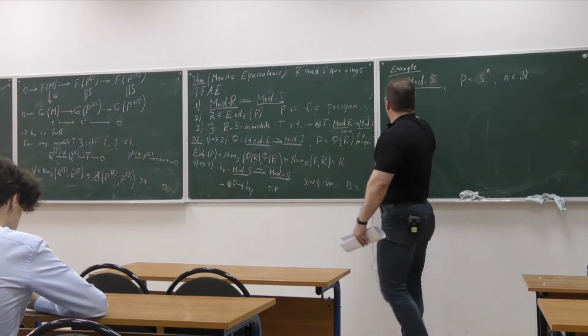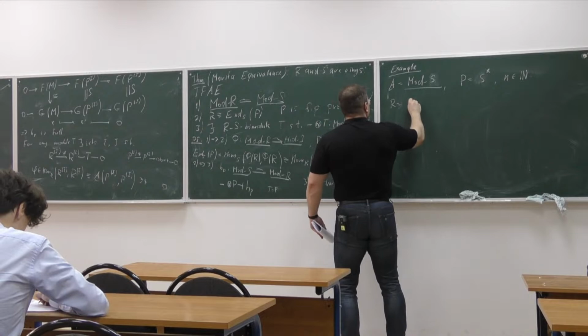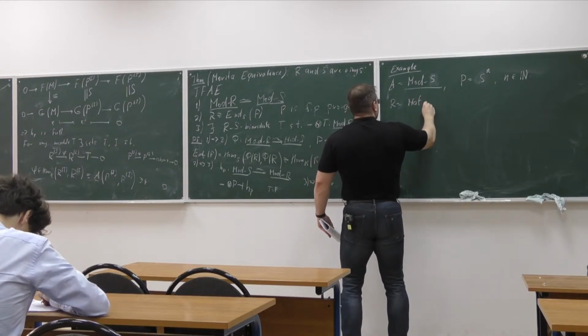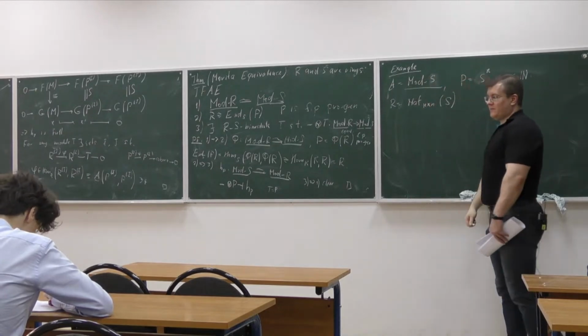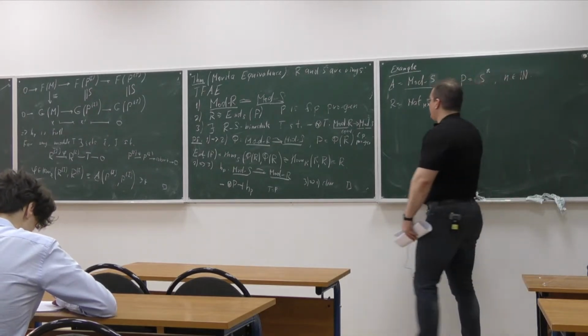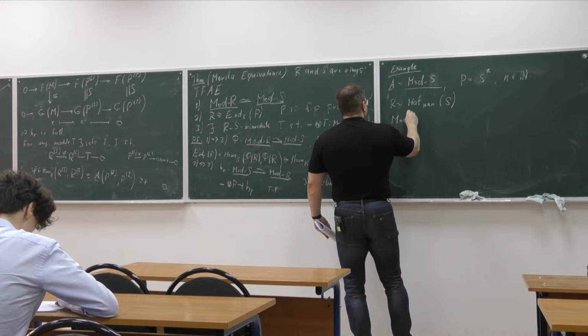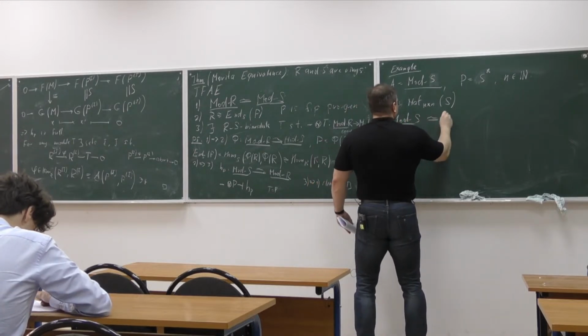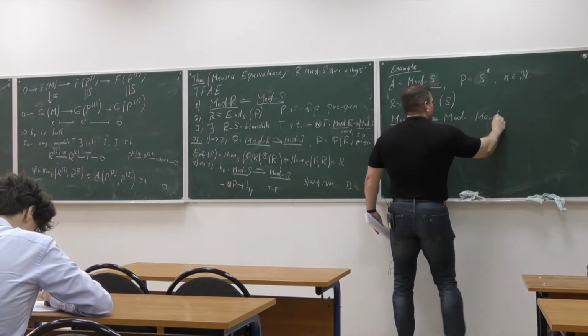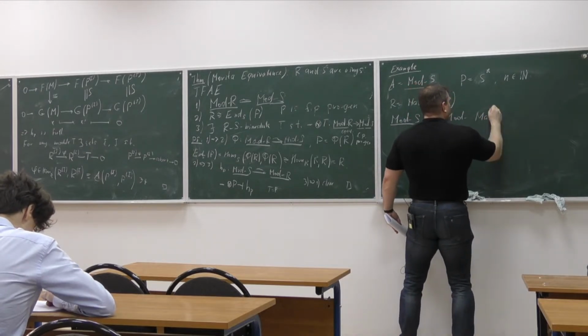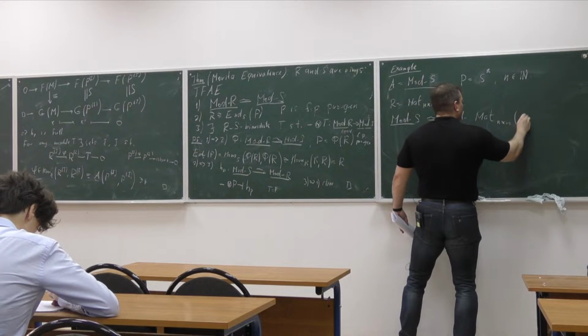Then R is just the matrices of size n by n with coefficients in S. And hence we get the equivalence of categories: modules over S are equivalent to the modules over the matrices of size n by n over S.